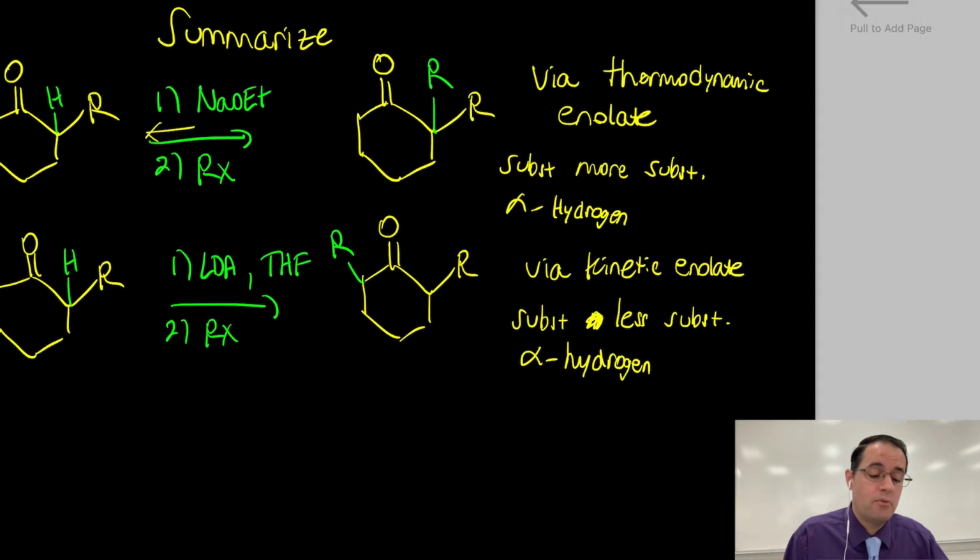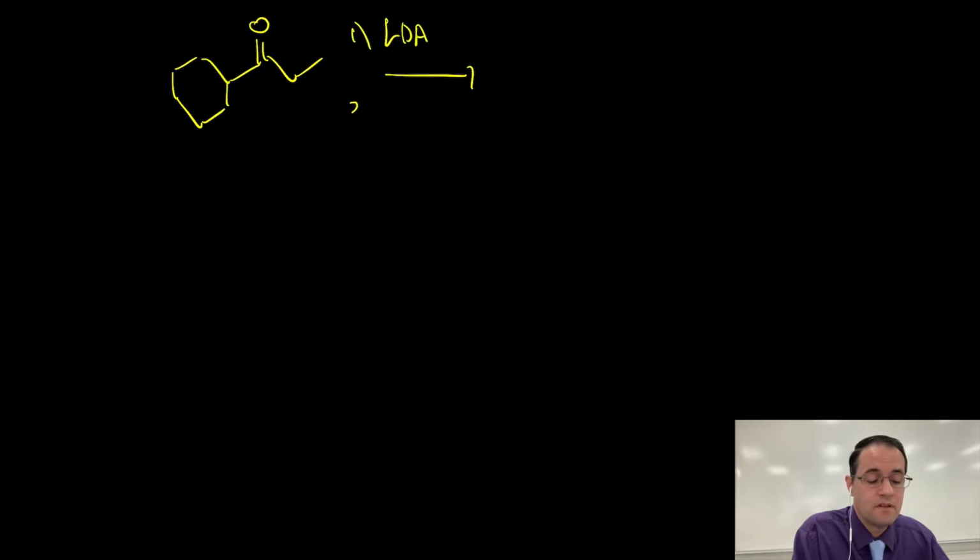Now the way I remember this is if you have a ketone like this, and you treat this with LDA and methyl iodide, what do you get? Well, I like to think of LDA.